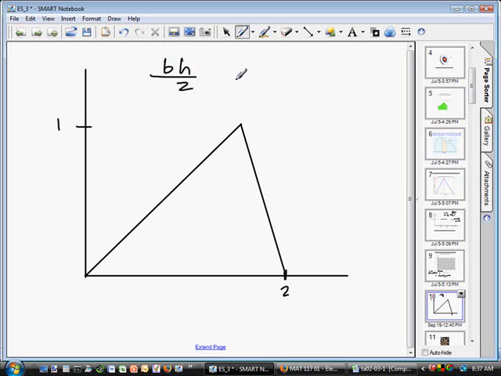Now, what's true of B and H? Perpendicular. So, because I have this on a grid, you can see the height, can't you? What's the height? 1. And what's the base? 2. So it's 2 times 1 divided by 2, which is 1. So this is a density curve also.